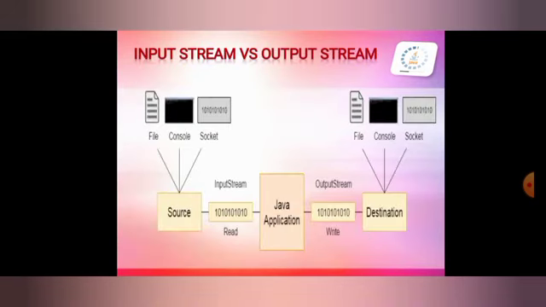Let us see. The input stream gets the data from the sources. The sources are like file, console, or circuit. The input stream mainly reads the data from the source, and the output stream writes the data to a destination. A destination is a file, console, or any circuit.